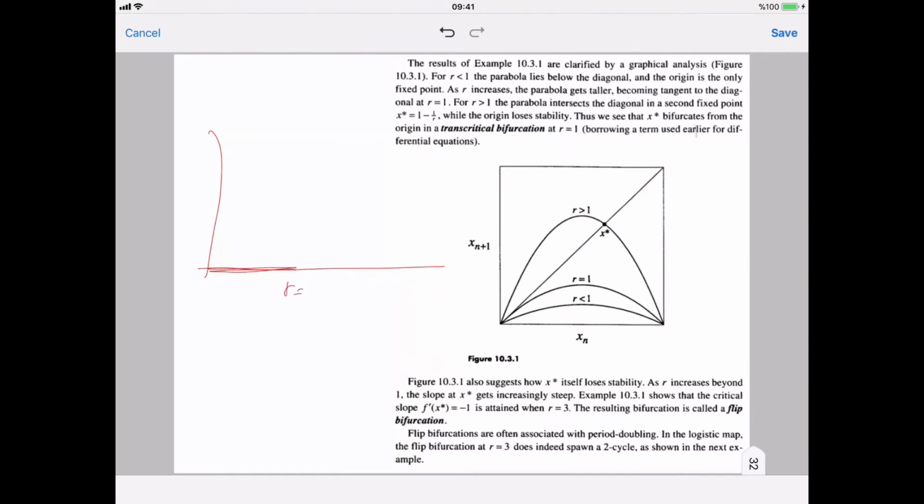Until R equals 1, you have 0, right? But then this one appears. How does that appear? Because as you increase R, before R equals 1, this one never crosses the x_{n+1} equals x_n curve. It never crosses it. But after R is bigger than 1, you have this fixed point over here. You understand? Yes?